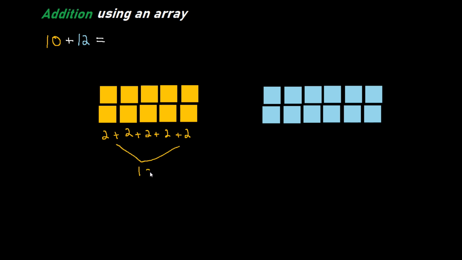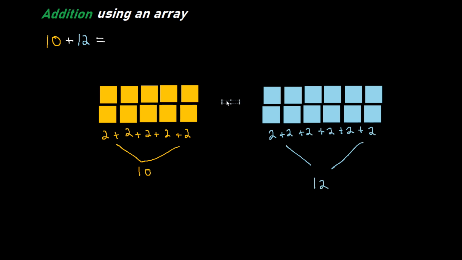So this is 10. Then over here we have 2 plus 2 plus 2 plus 2 plus another 2 and another 2. We add this together and we get 2, 4, 6, 8, 10, 12.